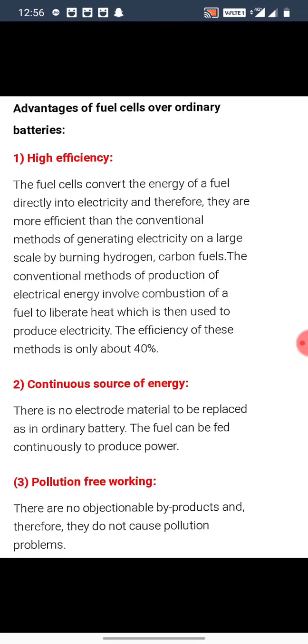And in the case of secondary cells that I took up in today's session, please do the lead storage cell or battery properly, and the fuel cell. A question we got in 2020 was based on the fuel cell only. If you have seen the board paper, you can go through the question.